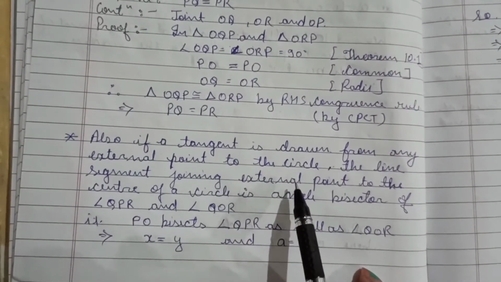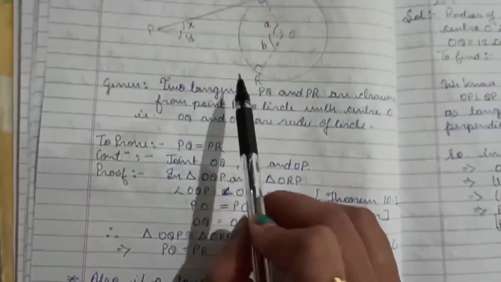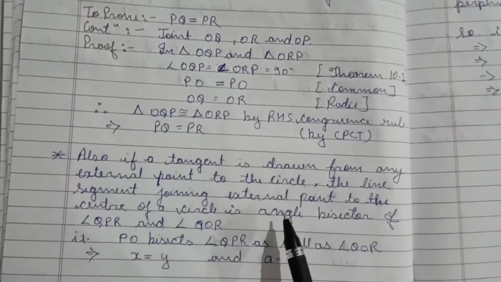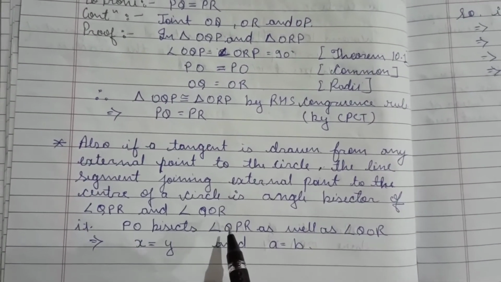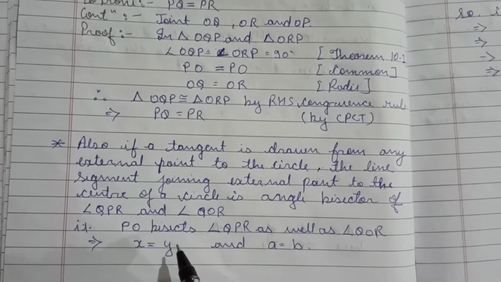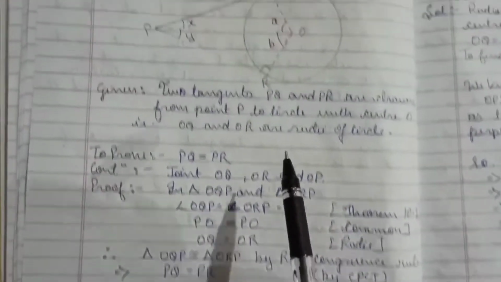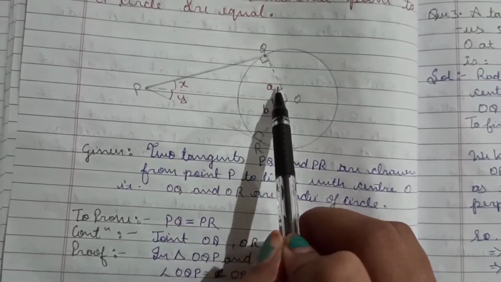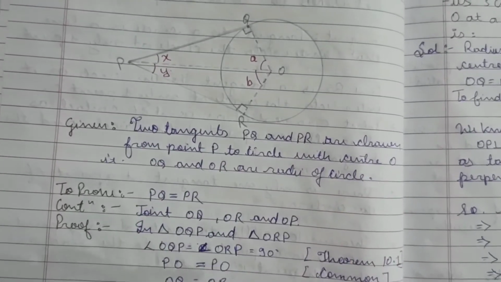The line segment joining the external point and center of the circle will be the bisector of both these angles. That means PO bisects angle QPR as well as angle QOR, whereas X is equal to Y and A is equal to B. This angle is equal to this angle, X equals Y and angle A equals angle B, as PO is the bisector of both the angles.